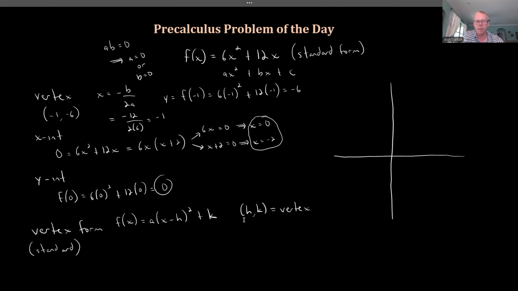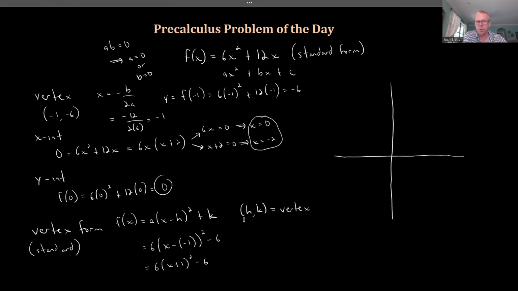So we already know that a is 6. And then we're going to have x minus h, where h is negative 1, squared, and then plus k. K is negative 6, so that'd be a minus 6. So this is 6 times x plus 1 squared minus 6. And you can check this.